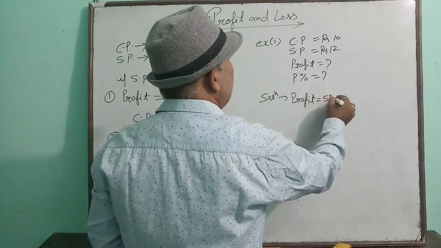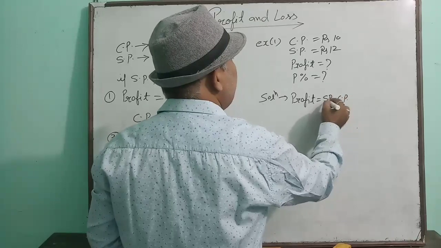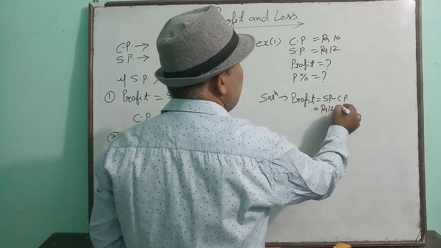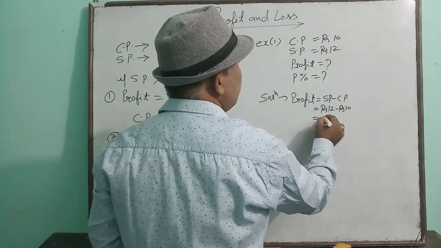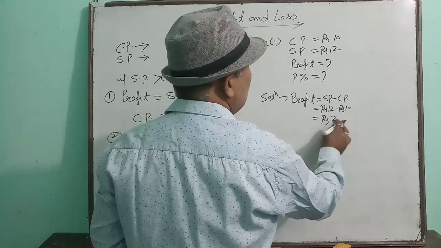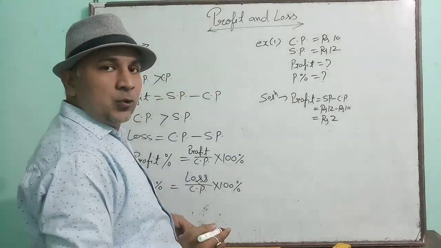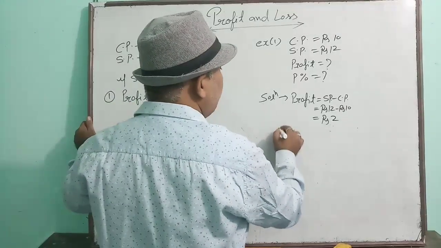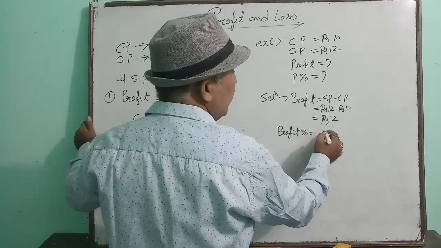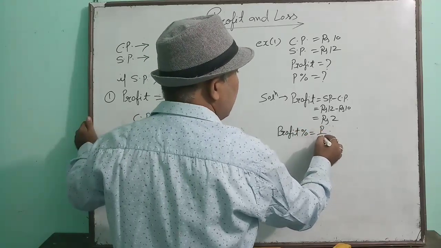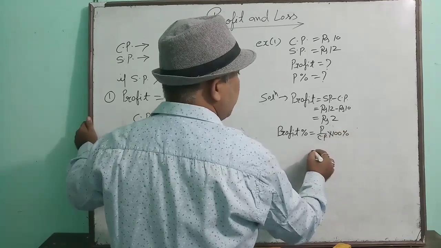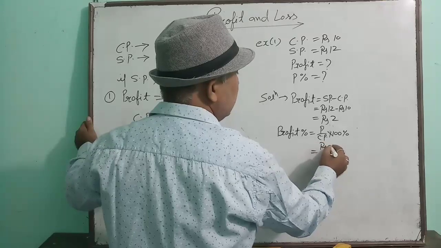We know that profit is equal to selling price minus cost price. Here selling price is rupees 12 and cost price is rupees 10, and we know that 12 minus 10 is 2. So that means profit is 2 rupees. Now what will be the profit percentage? Profit percentage is profit upon cost price multiplied by 100%. So solve this one.